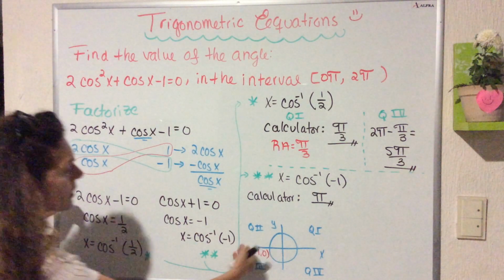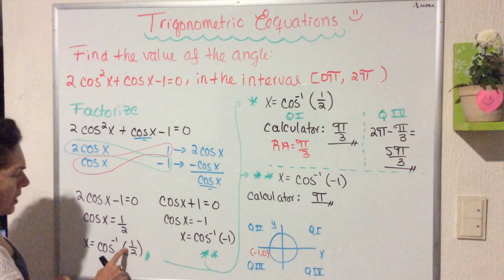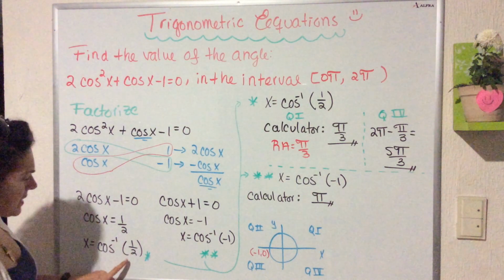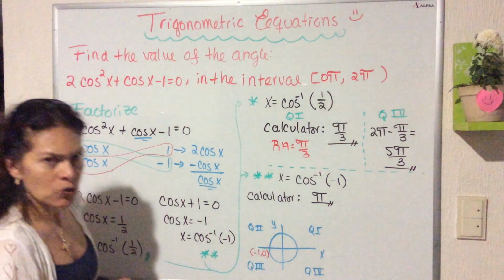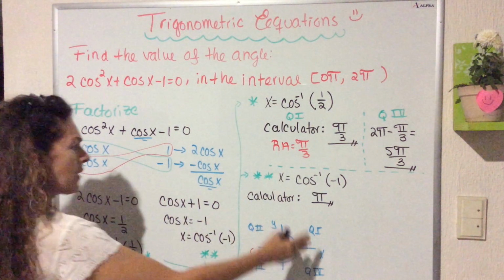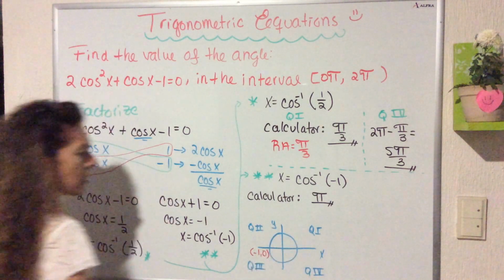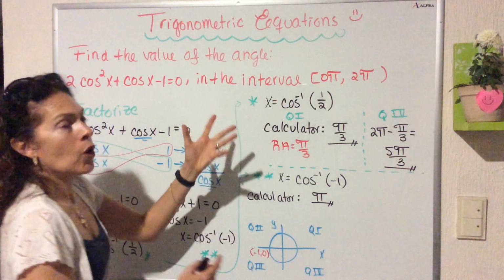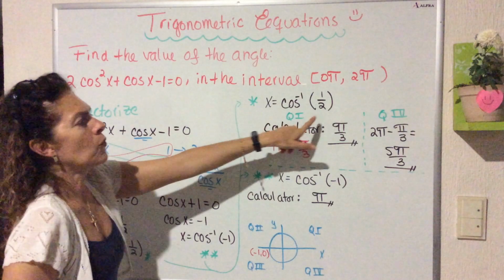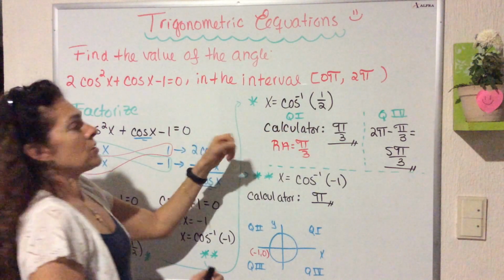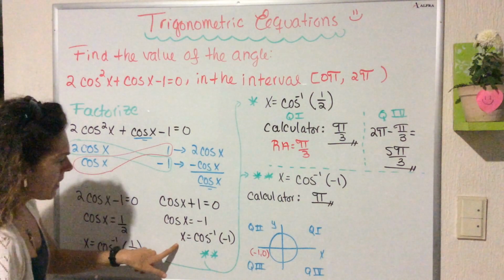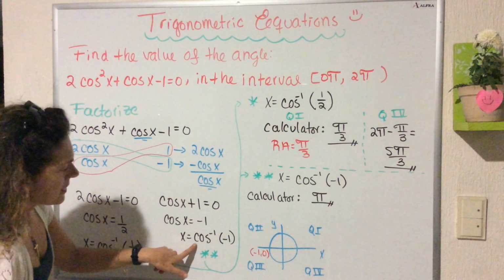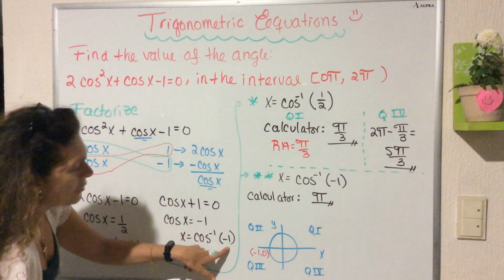So in x, here we have, where x is positive, because the value that we have here inside the parentheses is positive. So where cosine is positive, in which quadrants? I mean, in quadrants 1 and 4. So now we know that for the inverse cosine of 1/2, we have the answers in quadrant 1 and quadrant 4. And then, for the other factor, it says the inverse cosine of -1.